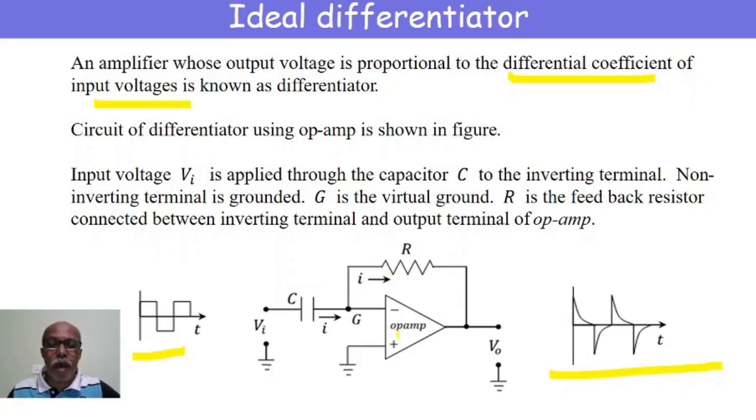As the op-amp has very high input impedance, no current enters the op-amp. Therefore, all the current flows through the feedback resistor.